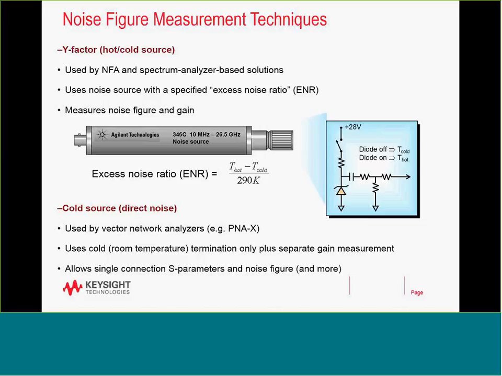This technique is extensively used in receiver architectures like the noise figure analyzer and spectrum analyzer-based solutions. The cold source technique is used by vector network analyzers, and we'll talk about why we prefer it over the Y-factor. It uses only the cold or room temperature termination and does not need states like the Y-factor. And it measures S-parameters and noise figure all at the same time with a single connection.